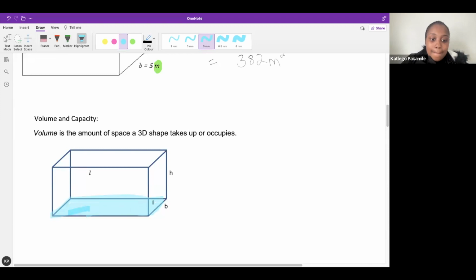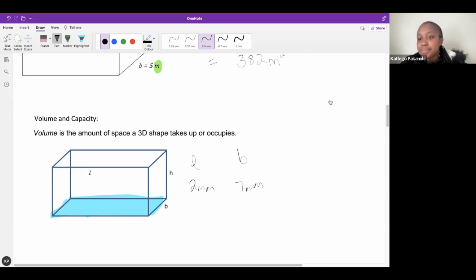It's 1 millimeter high. So how much did that paper occupy if that paper had a length of, let's say, 2 millimeters and a breadth of 7 millimeters? So I want to know, is a paper 3-dimensional or 2-dimensional? Let's start there.